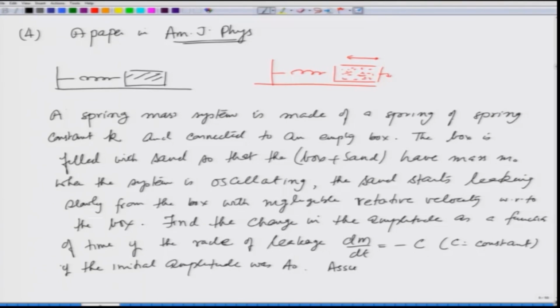Assume T oscillation, that is time period, is much less than m0 over c.